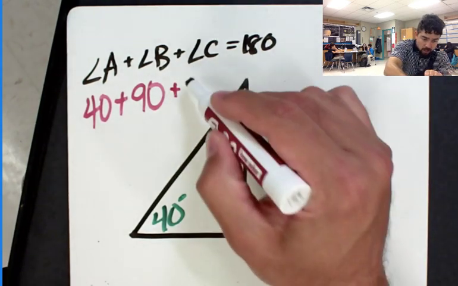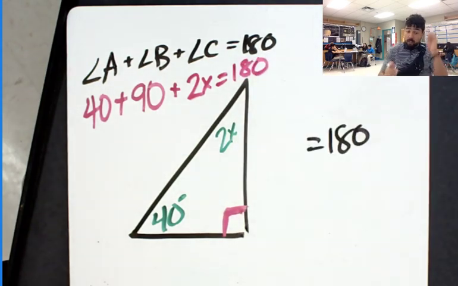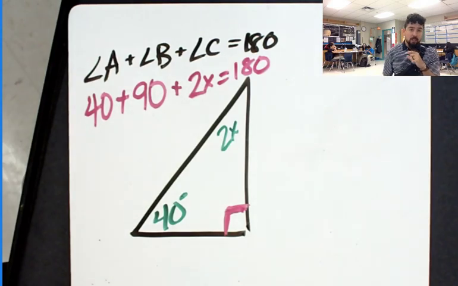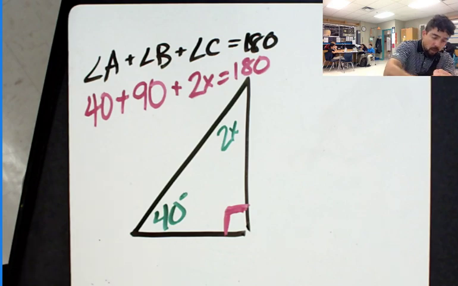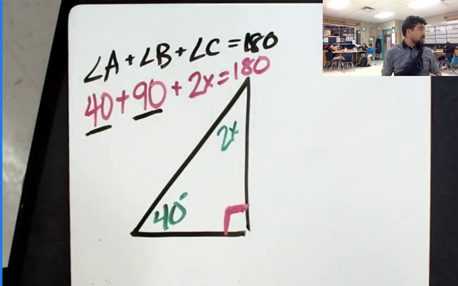40 plus 90 plus 2x equals 180. So we talked yesterday when we were doing our math stations about combining like terms. What are the like terms in this equation right here? What are the numbers that are alike? 40 and 90. What is it about these two numbers that makes them alike?